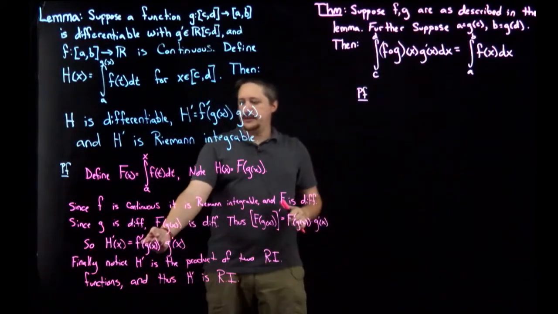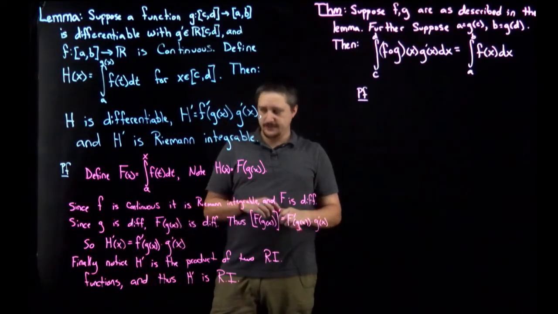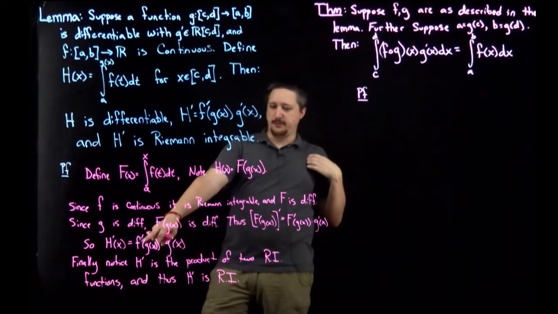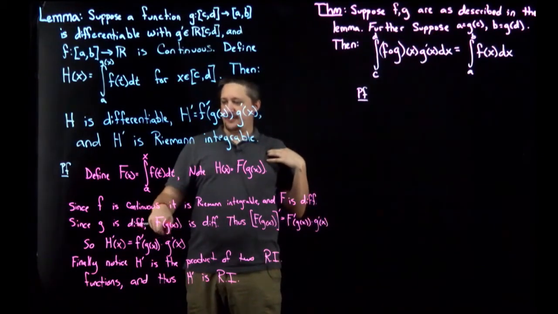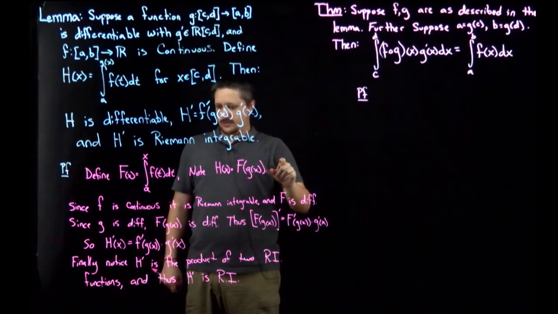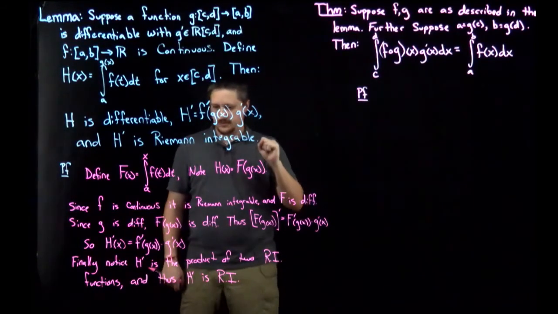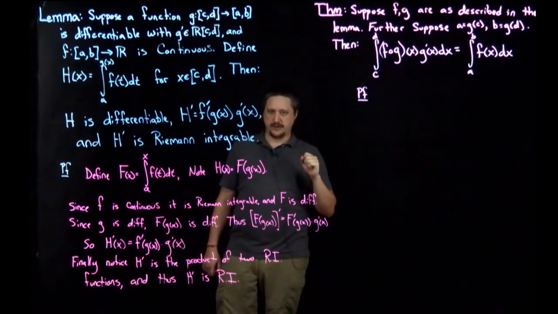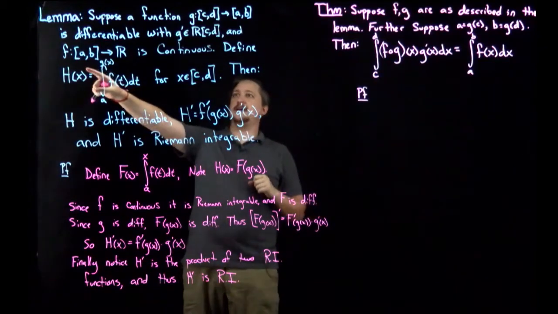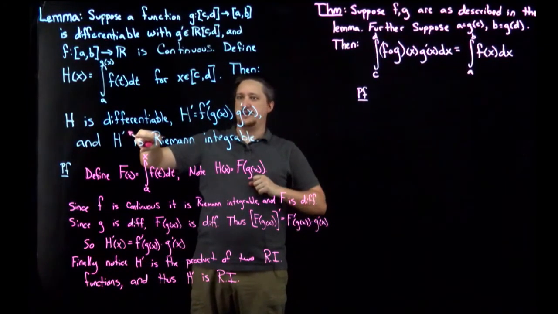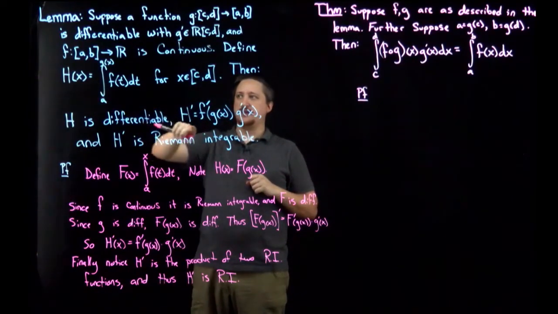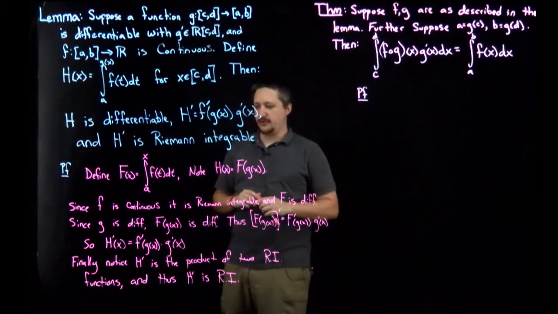So again, to be clear, the f prime of g of x, we know that that is integrable, because we have already done the f prime bit. Oh, right, because f is continuous. So then we have that h prime is already defined, but we already had h to begin with, so the antiderivative already exists.